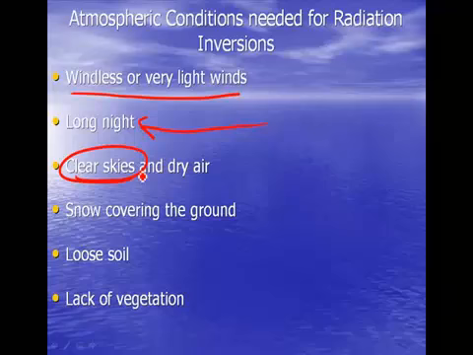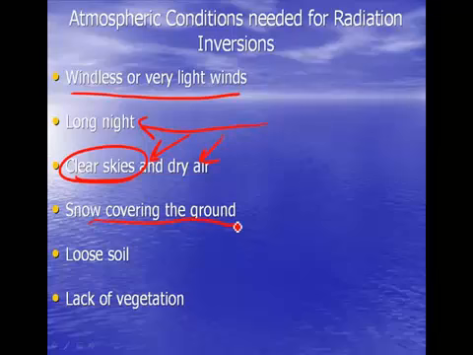So if you want a strong radiation inversion, in other words, a strong increase in temperatures with height at night based upon the Earth losing radiation, you need clear skies, dry air, snow covering the ground. Snow is an excellent emitter of infrared radiation, and so snow covering the ground.